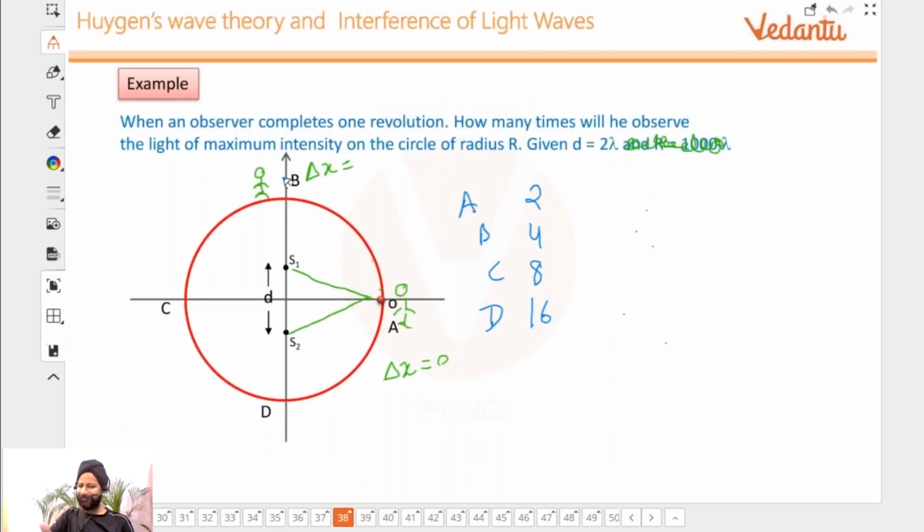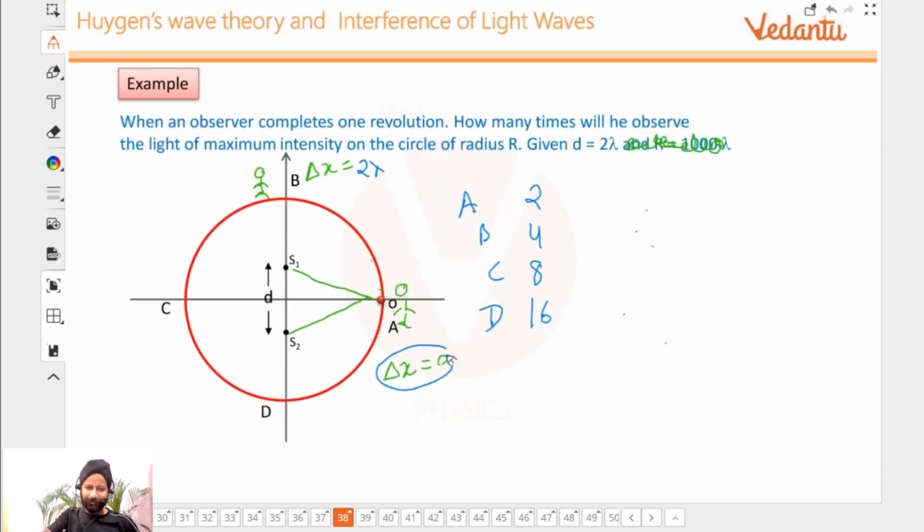Tell me now. No, Grishma, how is it D? Yeah, you're right, but how much is D? It's 2 lambda, na? The difference is D, because this travels this much, this travels D more, but D is 2 lambda. Yeah, you're right, Grishma. So 2 lambda. Does everybody understand that? Path difference is 2 lambda.